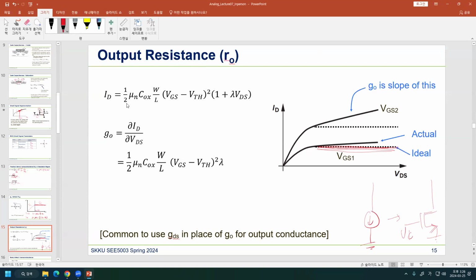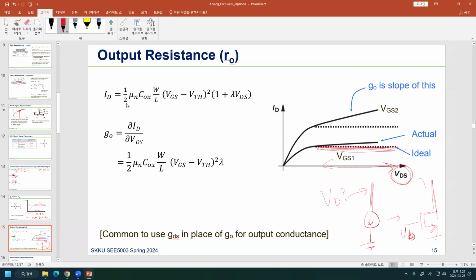If we assign some bias at the gate, the definition of a current source is that no matter what VD is, the current should be constant. That's exactly like here: even if VDS changes, the current doesn't change. That's one of the reasons why we want channel length modulation to be really small.